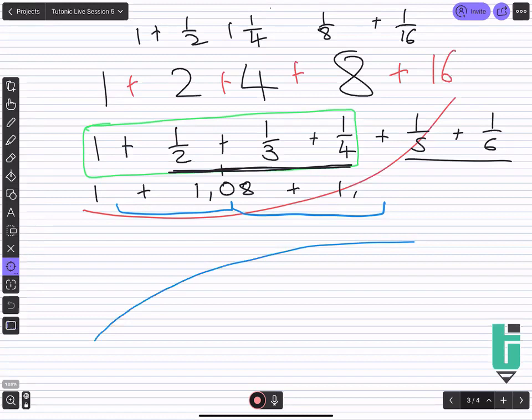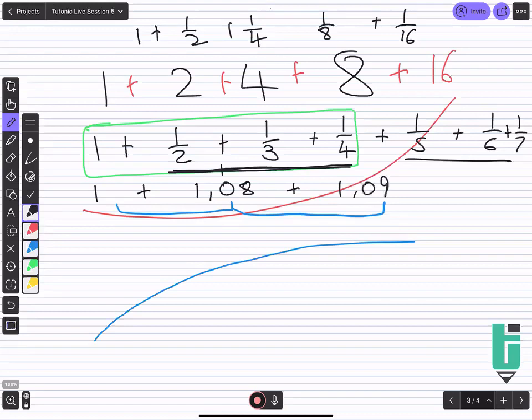Who's going to do a third plus a quarter plus a fifth plus a sixth? It's like 0.95. Okay, and if you add a seventh, it's going to be 1.09. So do you guys see?